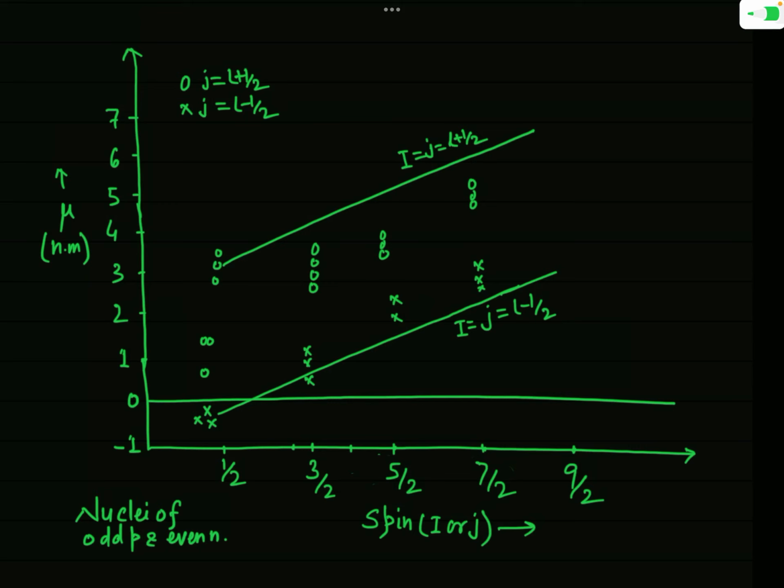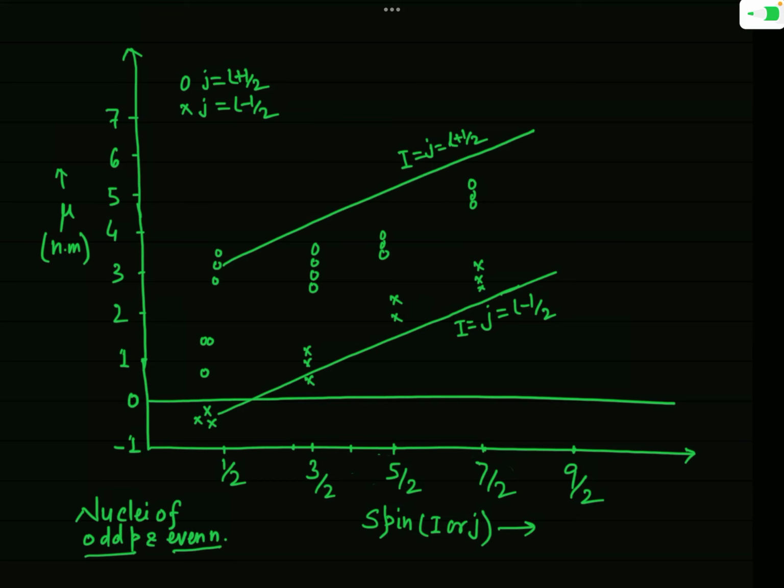I have shown it here in this figure. You can see the magnetic moments obtained on the Schmidt model for odd Z and even N. Odd Z means odd P and even N. The curves obtained have been shown in this figure.